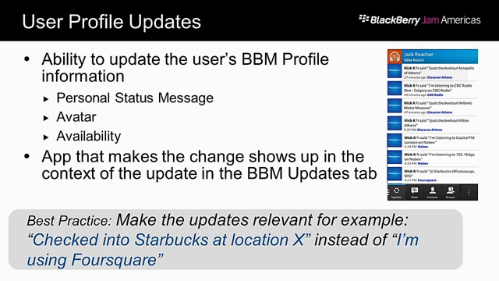Foursquare is a great example, of course, that they put the check-in information, so the location of where the user is checked in, into that update. Or, Nobex Radio is another great example that we'll take a look at that integrates the radio station that the person's listening to. So again, just something else to hook in the users to download that application or use it if they have it.